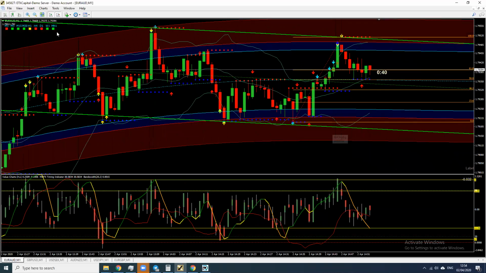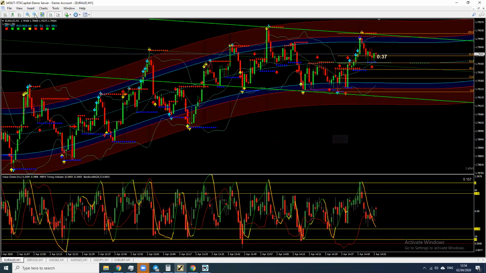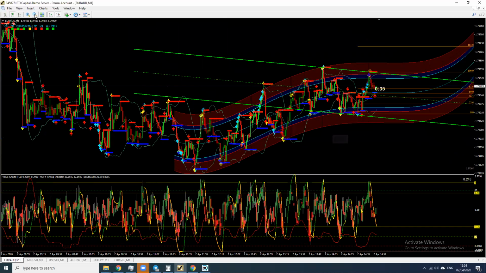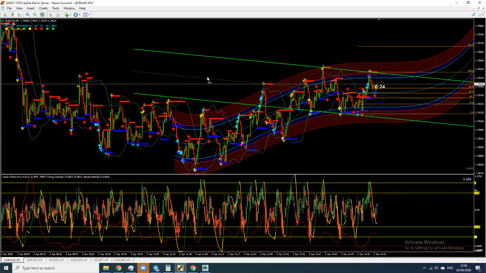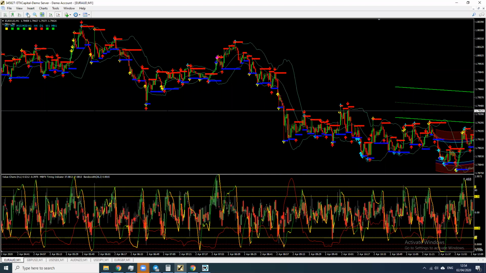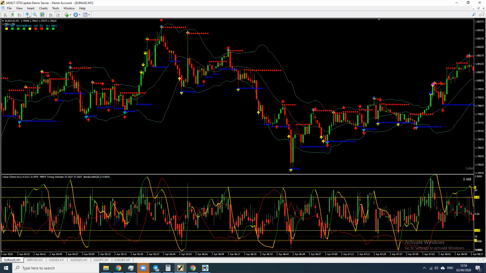I'm just going to see if I can find one. No. There's a magenta one here from a couple of hours ago. Let's see if I scroll back. There, that one there. See it?